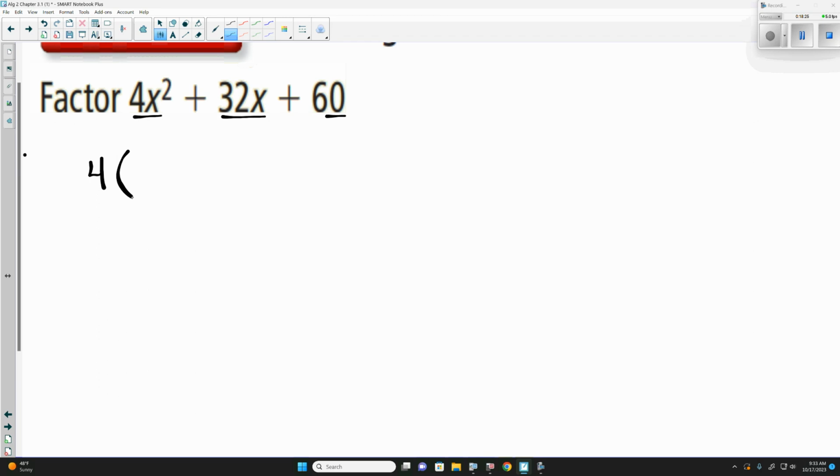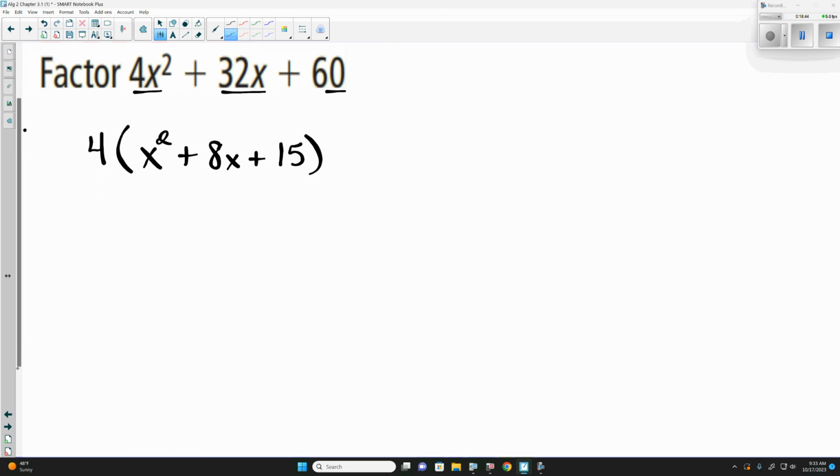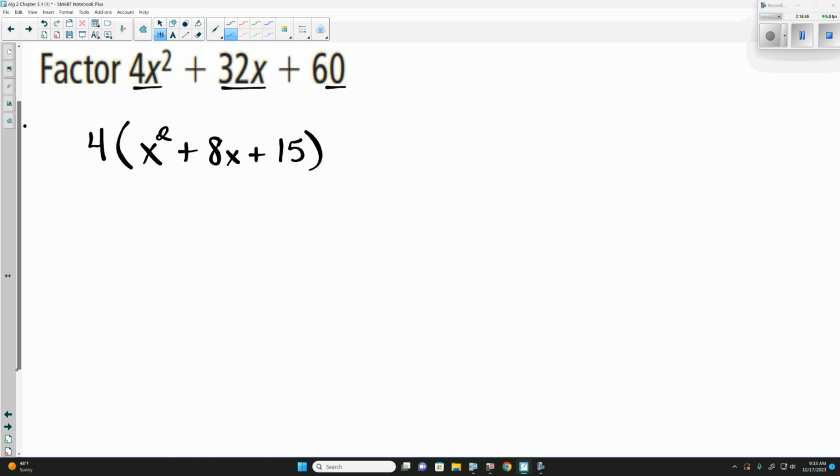Now when we divide each of these by 4, 4x squared divided by 4 is x squared. 32 divided by 4 is 8, and we still have our x, plus 60 divided by 4 is 15. So our first step was find a greatest common factor.